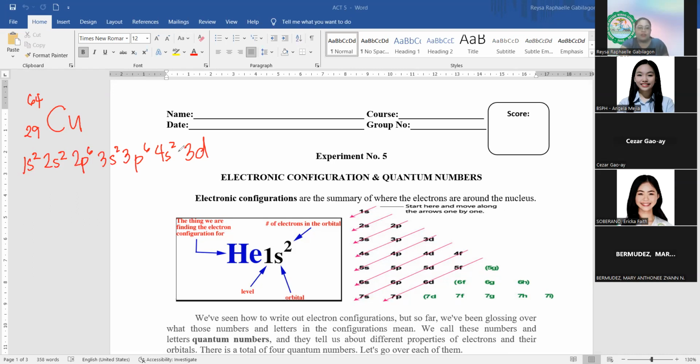And then, kulang na lang ng 9. So, 3D 9. Instead of 3D 10, it's just 3D 9. Kasi again, 29 lang lahat ang atomic number ng copper. That means 29 lang din ang kanyang electrons.